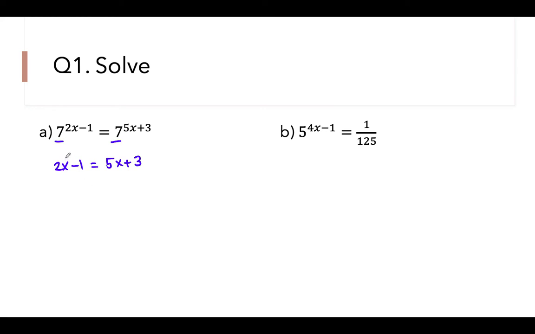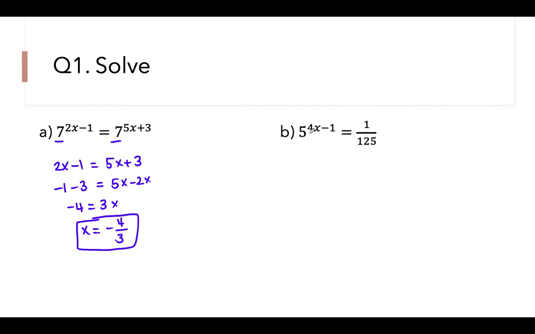I'm going to move 2x, so it's negative 1 minus 3 equals 5x minus 2x, negative 4 equals 3x, x is equal to negative 4 over 3. So when x is negative 4 over 3, on the left side and right side, I'm going to get the same answer.